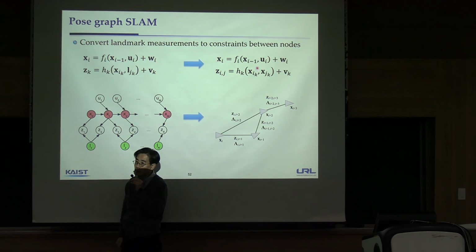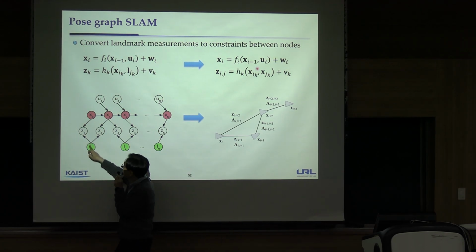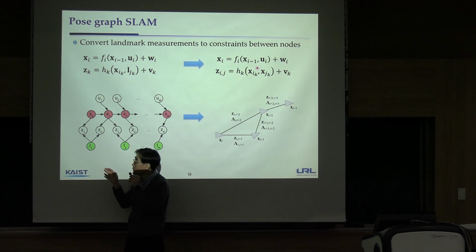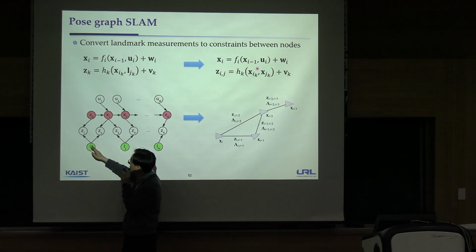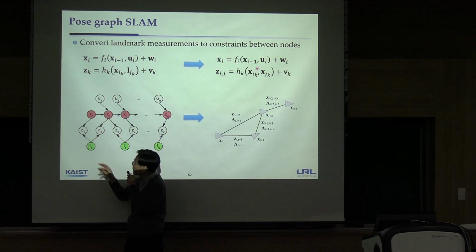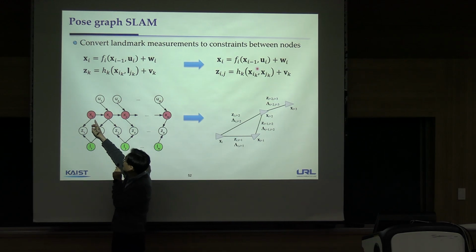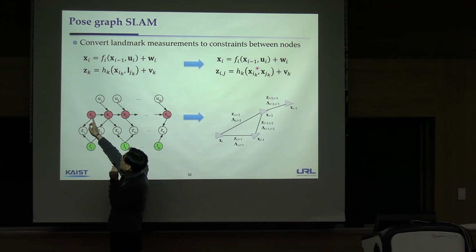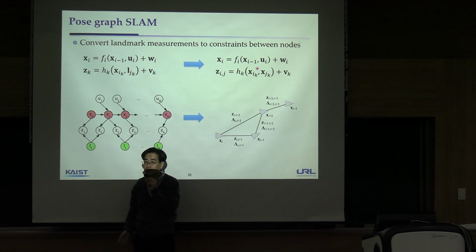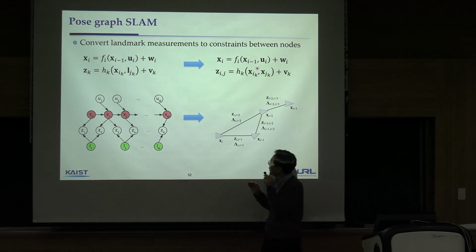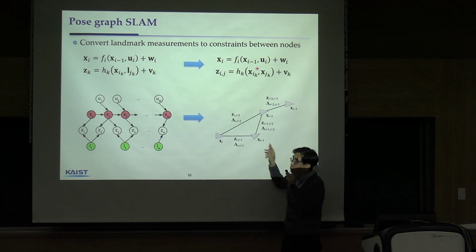We know this relationship, the distance and angle. Also at this location, distance and angle, we know that. So using this information, we can infer the relationship between x0 and x1. The transformation between x0 and x1 is estimated, and this will be directly used as a constraint.